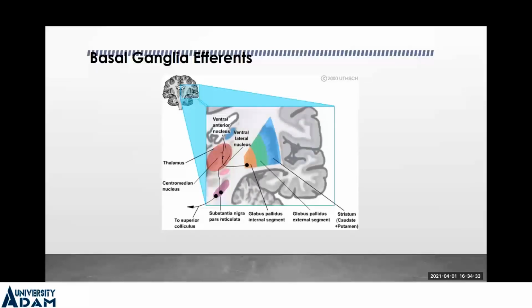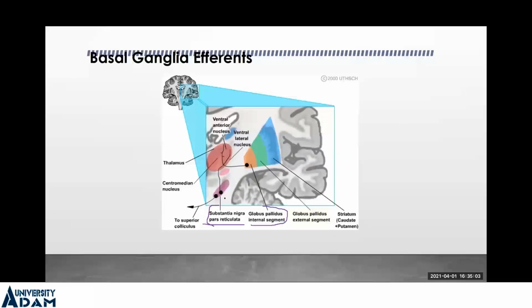So what else here? You can see, guys, the globus pallidus internal segment and external segment. But the globus pallidus internal segment and substantia nigra pars reticulata are the major output structures, okay?